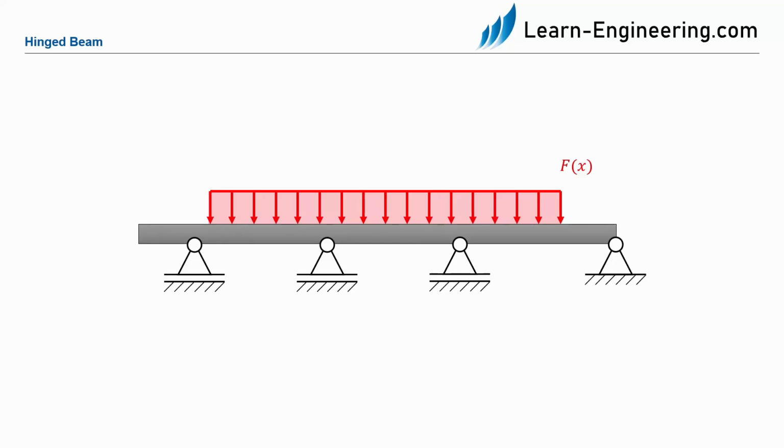To counteract this, the body can again be divided by hinges. If we divide the body at the various points by 2 hinges, we then have 3 bodies, that is 9 degrees of freedom, 5 support reactions and 4 joint reactions due to the hinges. The 2 hinges and the supports thus equalize the degrees of freedom of the system, and we have a statically determinate system. Such systems are also called hinged beams.